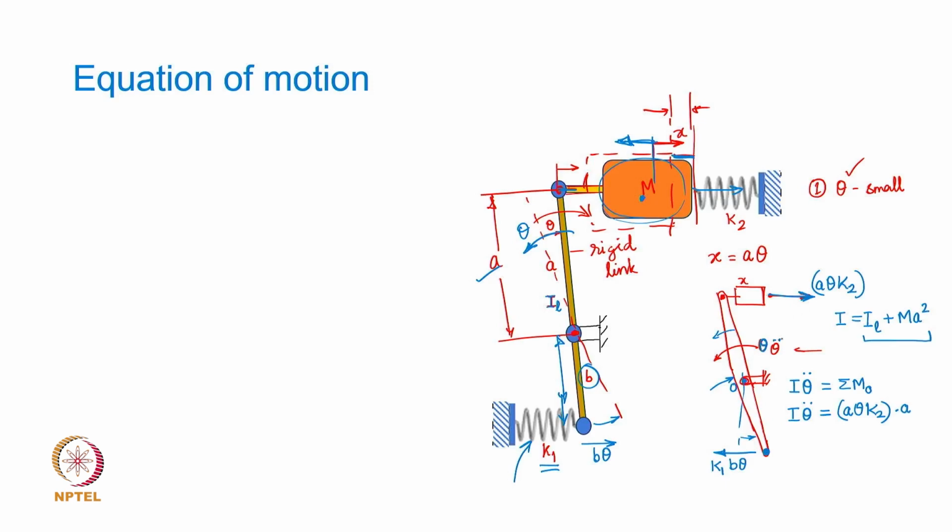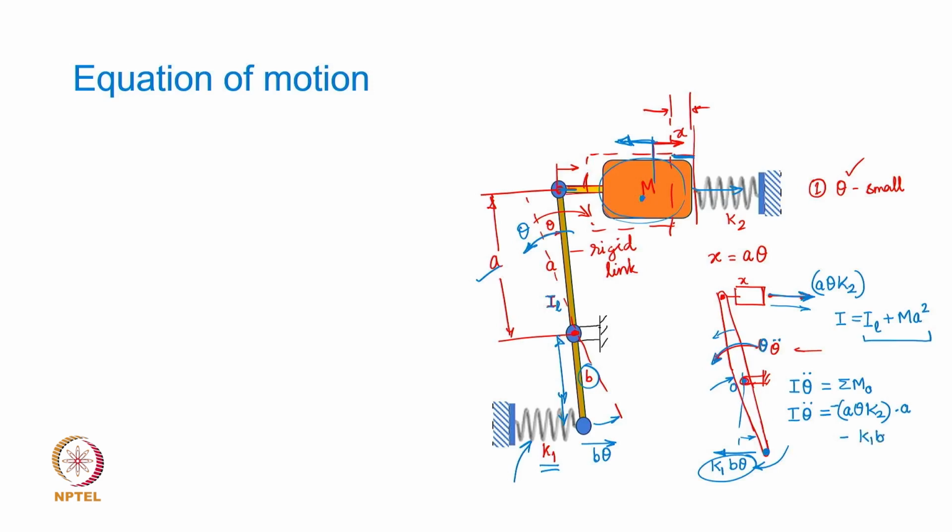So, this angular acceleration is assumed counterclockwise positive, whereas the moment generated by a theta k2 is going to be clockwise. So, this total moment is going to be minus a theta k2 into a, and on similar lines this moment due to the force k1 b theta is also clockwise.